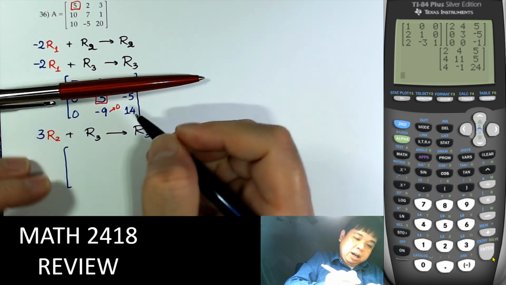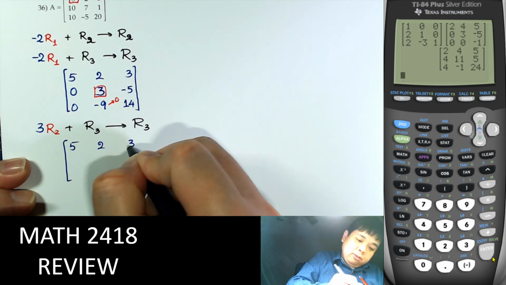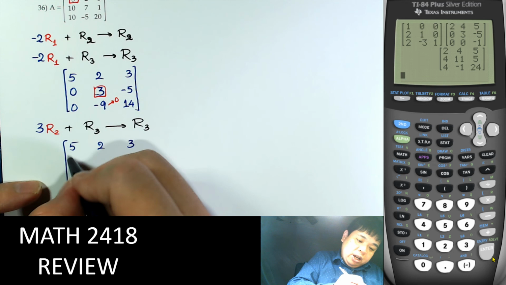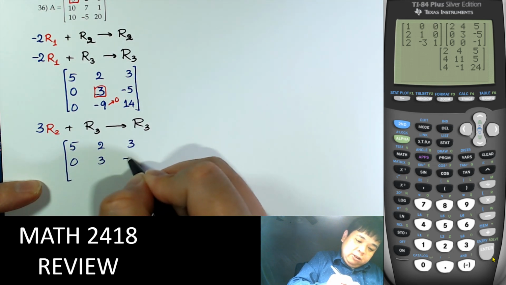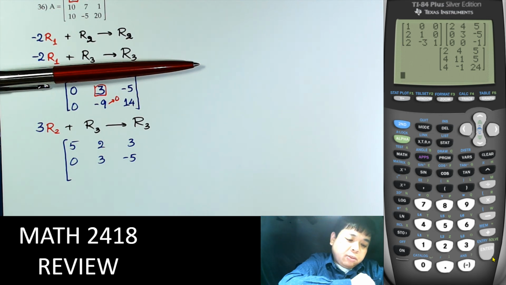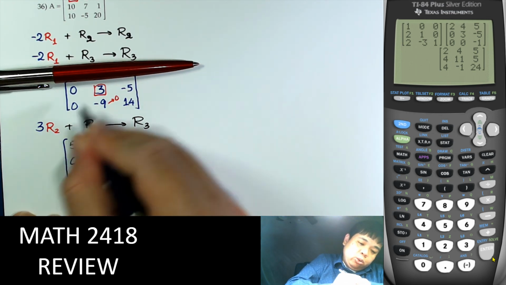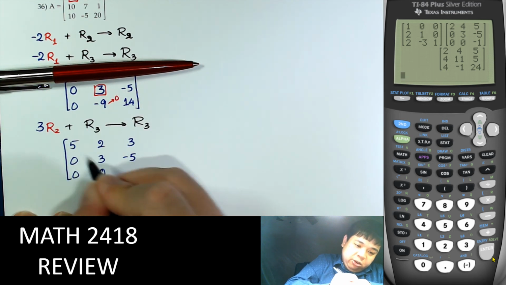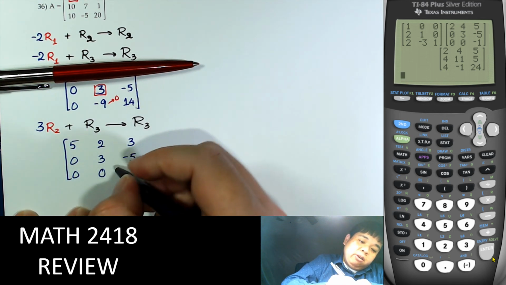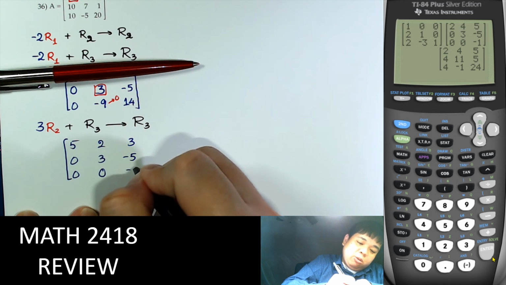So in that process, row 1 will stay the same. Row 2 will stay the same as well. And then the pivot is row 2. So 3 times 0 plus 0 is 0. 3 times 3 minus 9 is 0. 3 times negative 5, negative 15 plus 14 is negative 1.